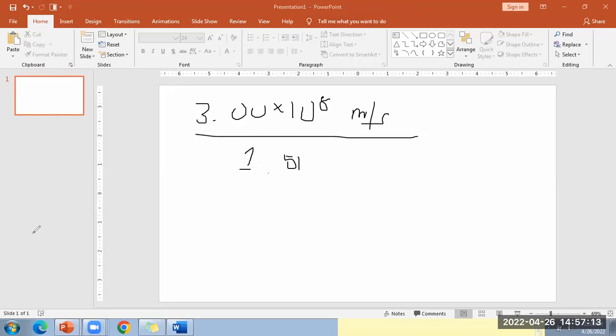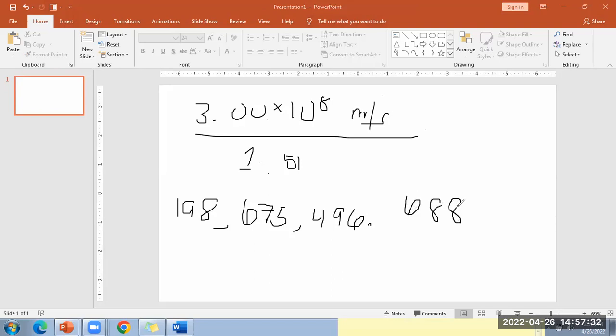Ang makuha natin na sagot dyan ay 198,675,496.688.